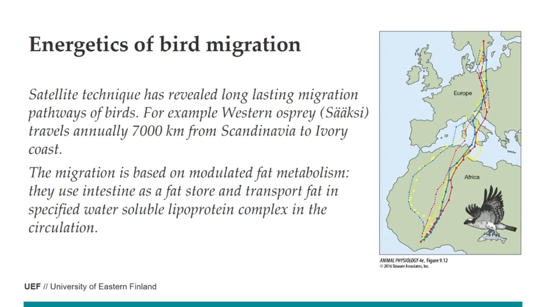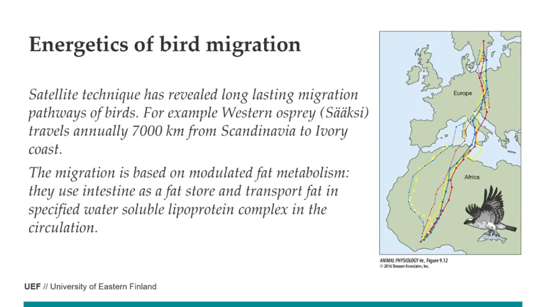But the problem is that fat is difficult to consume. You need oxygen all the time, and it's also difficult to transport a large amount of fat in the circulation. So what the birds are doing is using the intestine as a fat store.